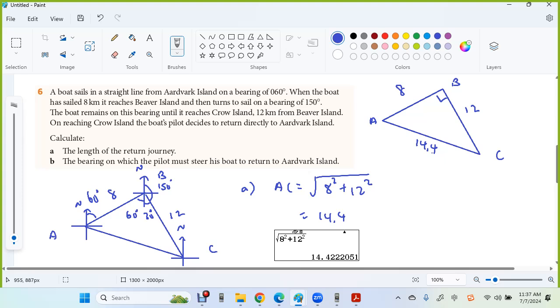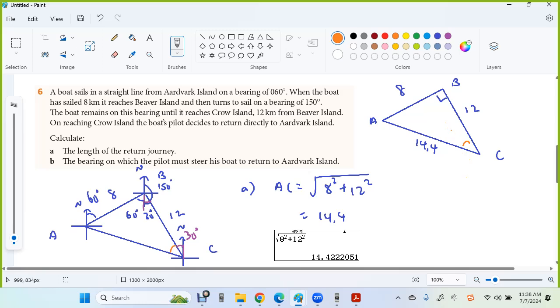The bearing on which the pilot must steer his boat to return to island A. We know that this is 30 degrees, so this one is also 30 degrees because of alternate angles. And then we want to calculate the angle C here.